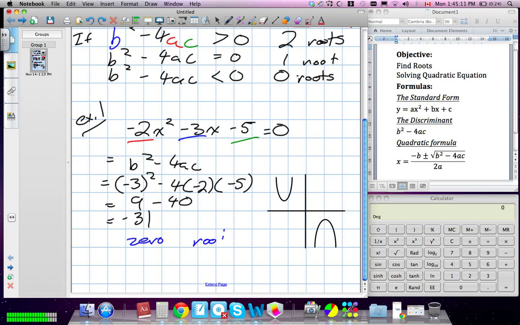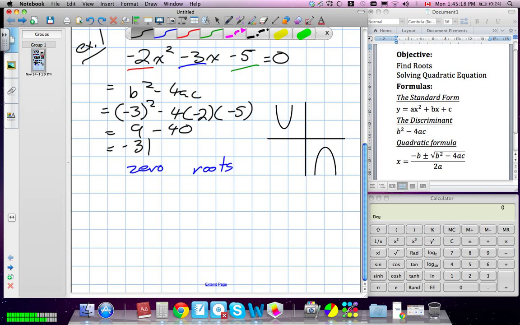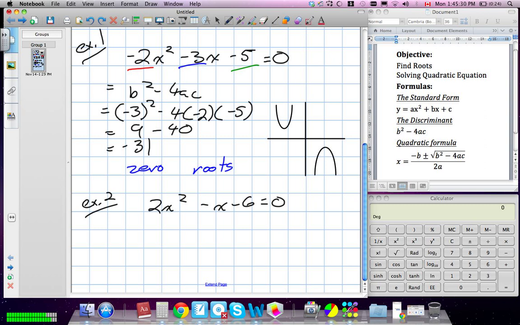We have 2x squared minus x minus 6 equals 0. Same idea. We need to plug it into our discriminant, which is b squared minus 4ac. We need to determine a, which is 2, b, which is negative 1, and c, which is negative 6. Our b is going to be negative 1 squared minus 4 times 2 times negative 6.